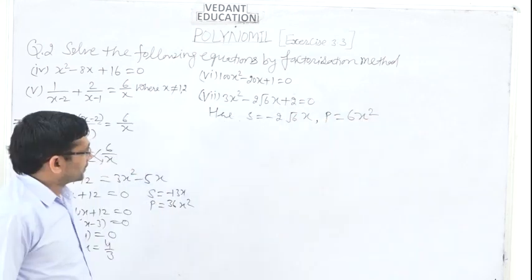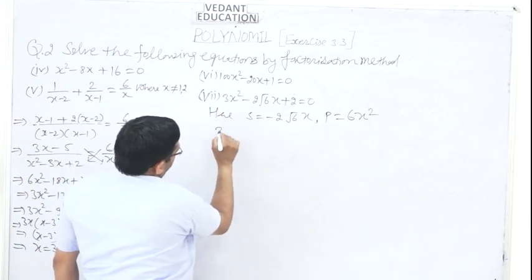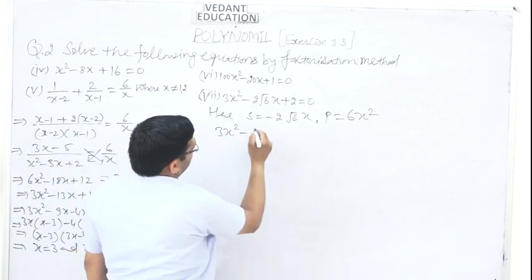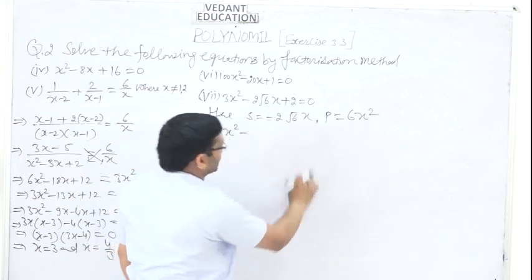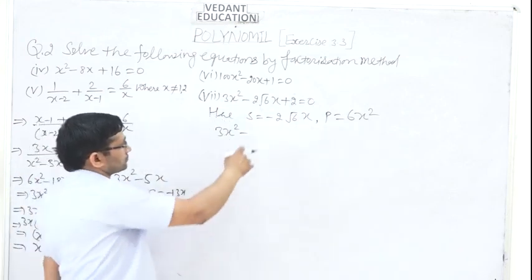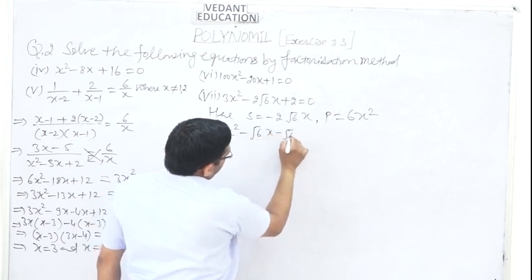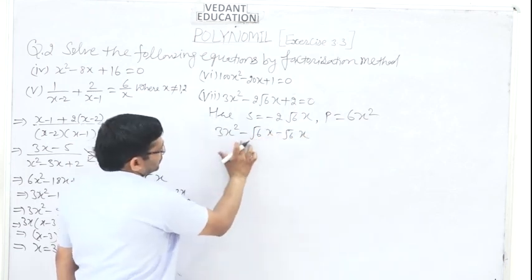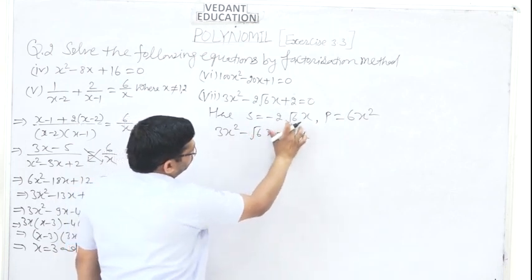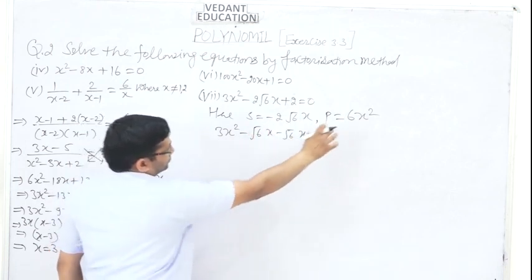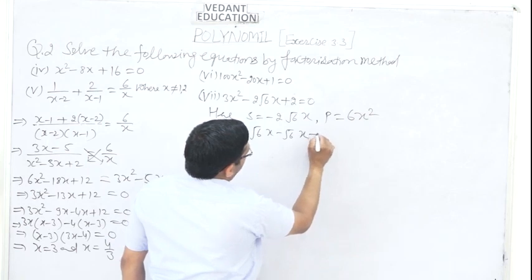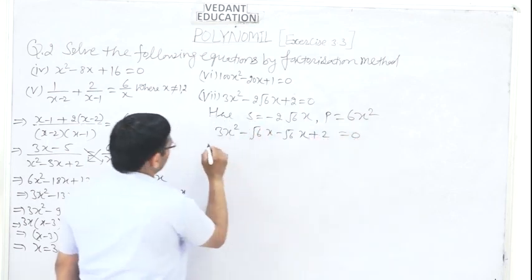So we can write 3x square minus root 6x minus root 6x, since the sum is minus 2 root 6x. Sum of these is minus 2 root 6 and product is 6x square, and plus 2 is equal to 0.